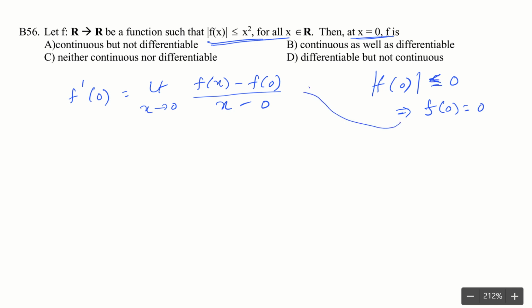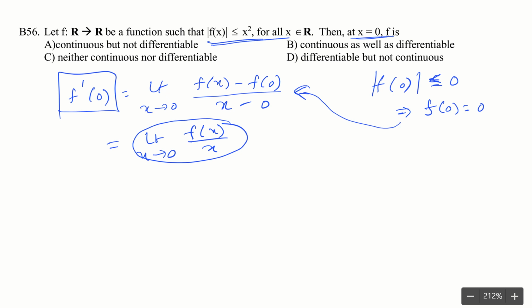So using this information, I observe that this is nothing but limit x tends to 0 of f of x by x. So to verify whether the derivative is possible or not, I have to evaluate and see whether this limit exists or not.